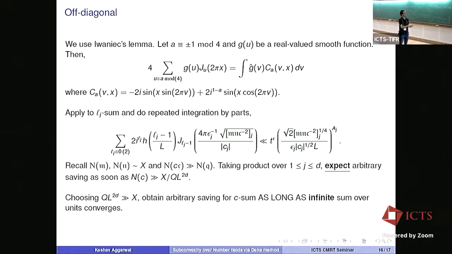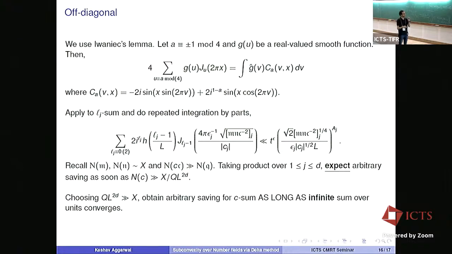What one has to notice is that then you go ahead, you choose these lengths correctly, and as soon as the norm of this c that you were summing over is bigger than x over QL to the 2d, where x is the size of the norms of m and n, these two things that you had separated in the beginning, you will get an arbitrary saving.